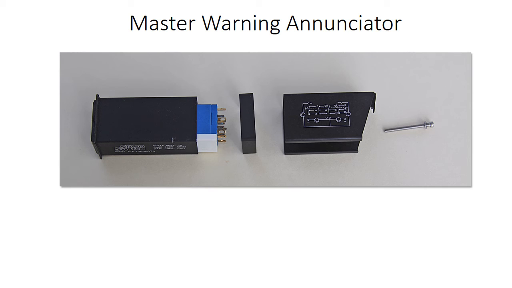Following that, this piece goes on, pushes up against this one, forces it up against the back of the panel. Lastly, you take this screw, it goes through a hole right here, goes along the side of the switch and engages some threads down in here and pulls this whole assembly tight, forcing this part against the back of the panel and pulling this lip this way and wedging it from either side so it's locked onto the panel. Beautiful.